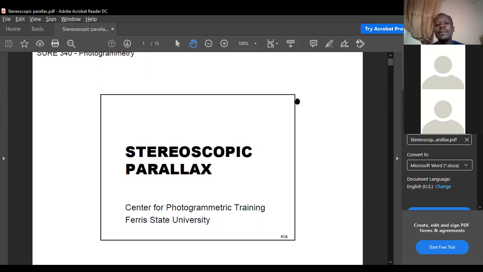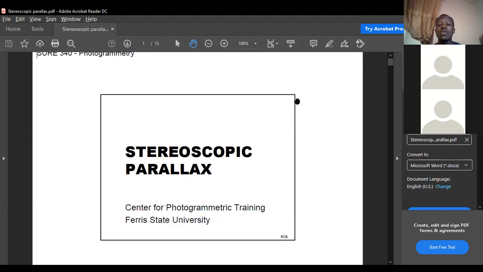Stereoscopic parallax has something to do with the airplane moving from one point to the other. By so doing, you have the object on the ground moving within a common reference frame, and the reference frame will become the photograph.